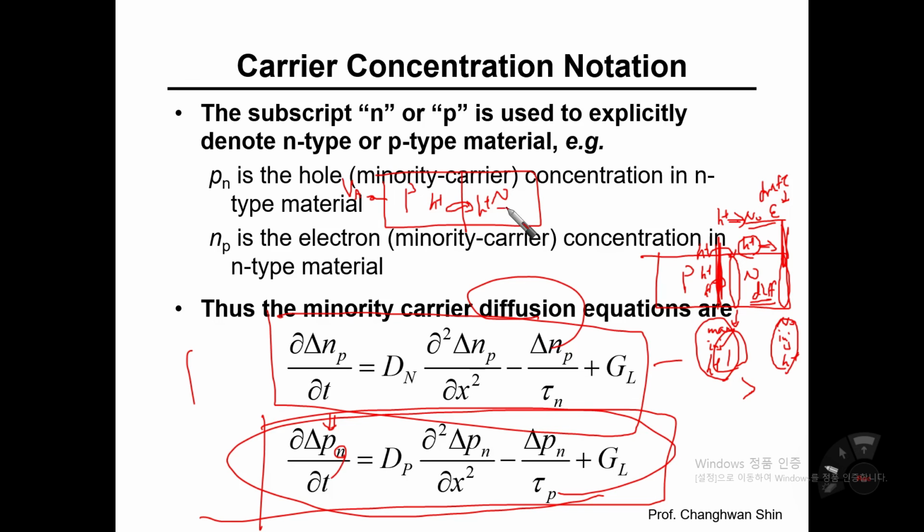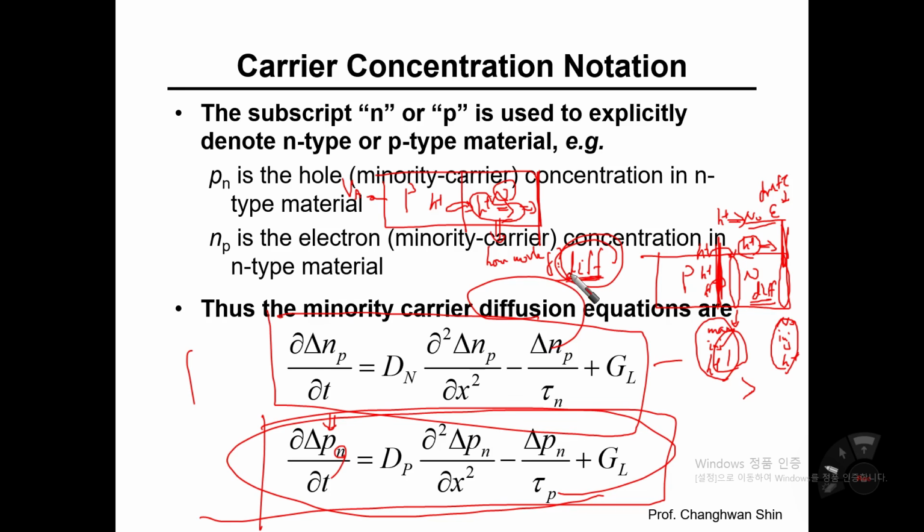And these holes diffuse toward the edge of the N-side material. The question is how those minority carriers, in this case holes in N-type material, can move. Yes, diffusion. Can you explain it mathematically? Yes, I can do that.